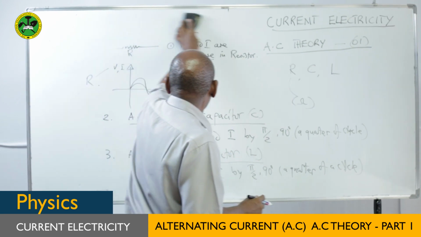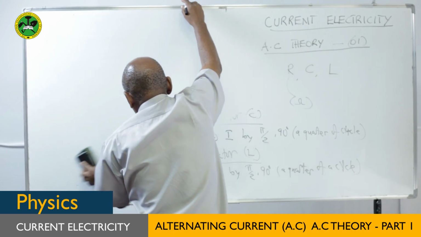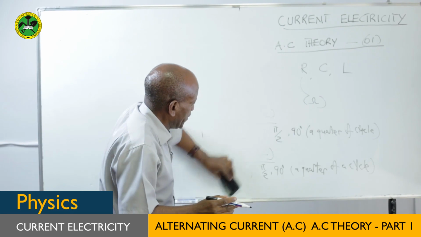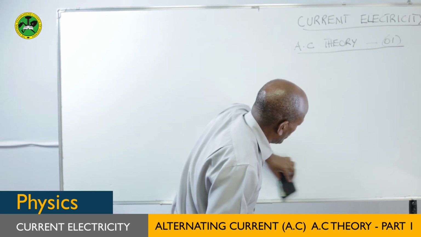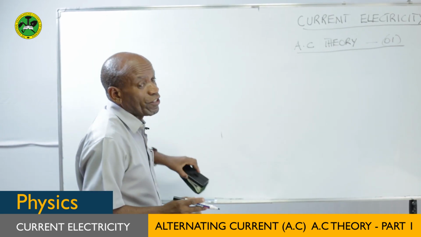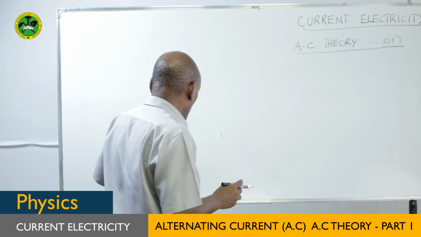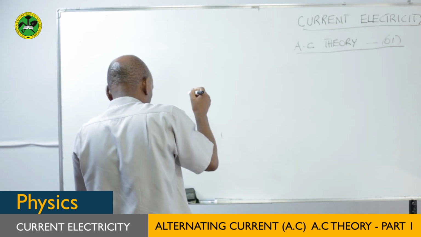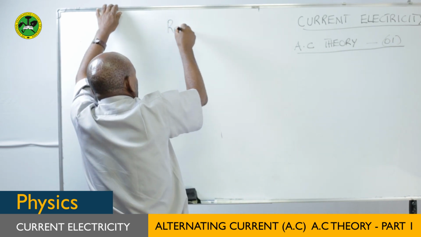Now, let us look very quickly at these two kinds of behavior. For a resistor it's very easy because we had been dealing with resistance even in O level. But here comes what we call reactance, which is obtained in an inductor or in a capacitor.